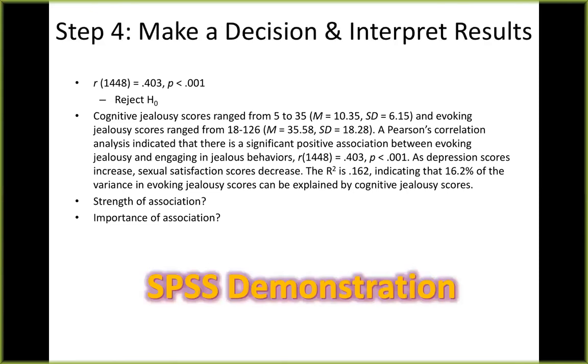But we don't know that that's causal, right? So those two things are associated and they move in the same direction. But there may be some other thing happening in the background that's influencing both of those variables. And we can never conclude causation, particularly from a cross-sectional survey.